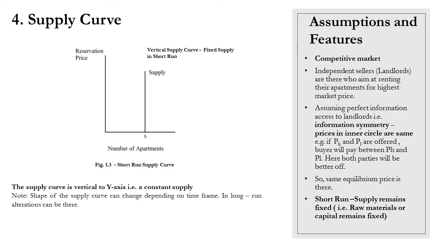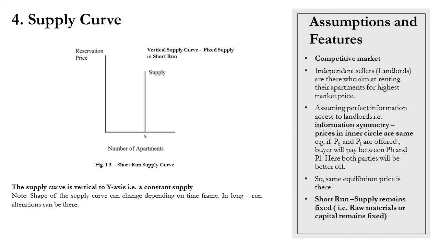This is one of the objectives of the landlords. That can be achieved only by offering the apartment to the one who is willing to pay the highest market price, right?